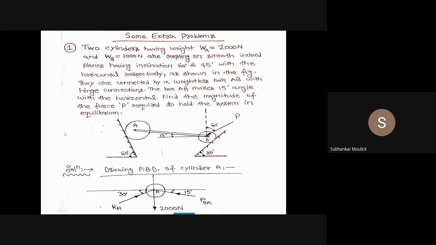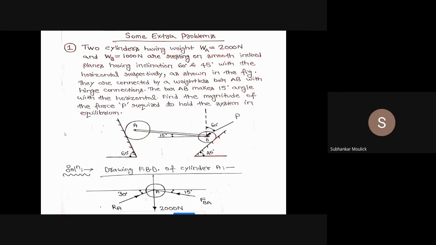Let us read the problem. What does the problem tell you? The problem is: two cylinders having weights WA equal to 2000 Newton and WB equal to 1000 Newton are resting on smooth inclined planes having inclination 60 degree and 45 degree with the horizontal respectively, as shown in the figure.